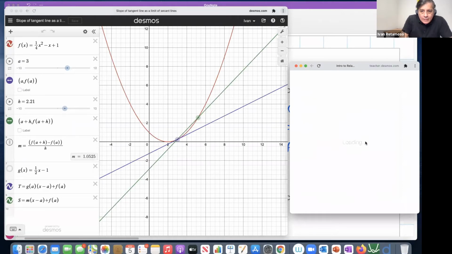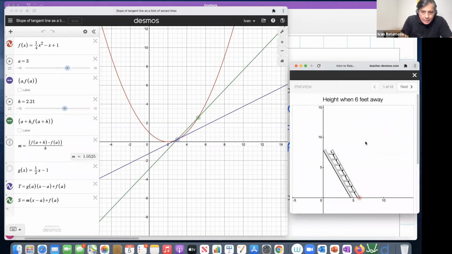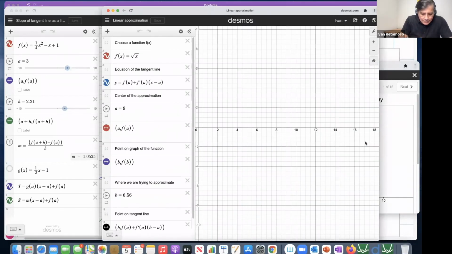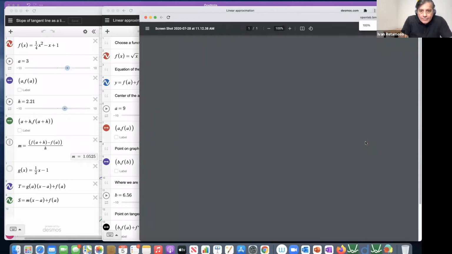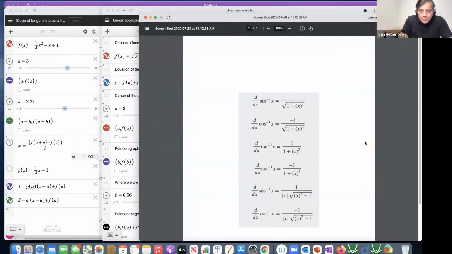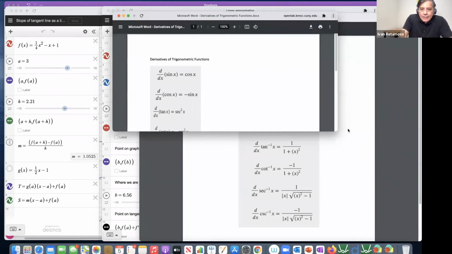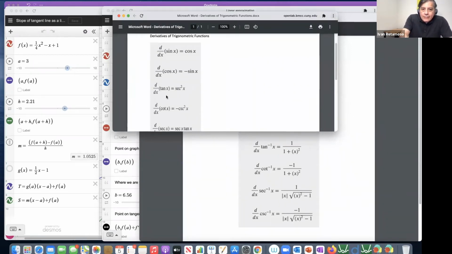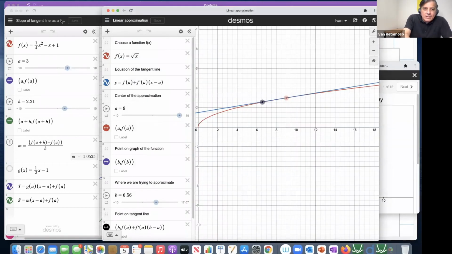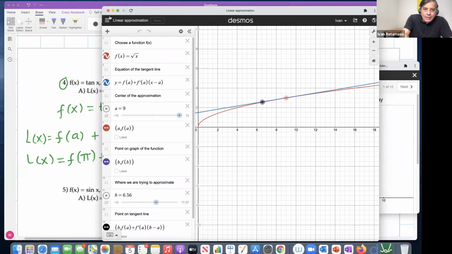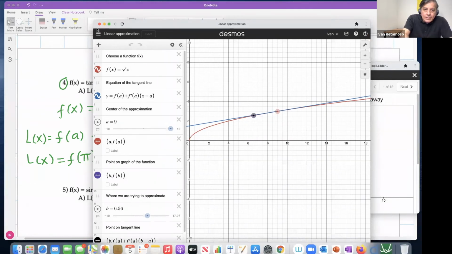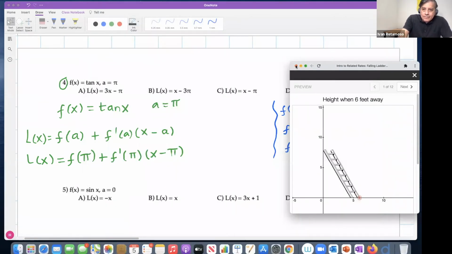I think it's here. Let me see. Not this one. Yeah, this is the inverse functions. This is it. Derivative of tangent, secant square, right? In case you forget, it's there. Try to print these sheets out and have them handy when you do your work. Very good, secant square.